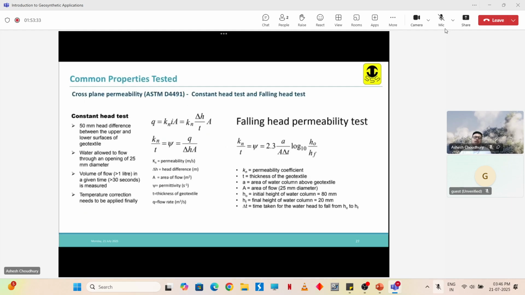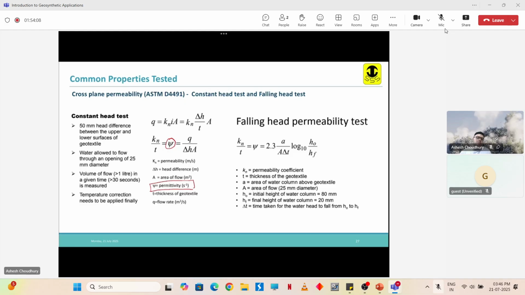So i is the head difference by the flow length, so Q equals K into delta H by T into A. So K by T, the permeability by thickness, is known as the permittivity, psi. This is nothing but K by T is equal to Q by delta H into A. Delta H is the head that is maintained. This is the constant head test.